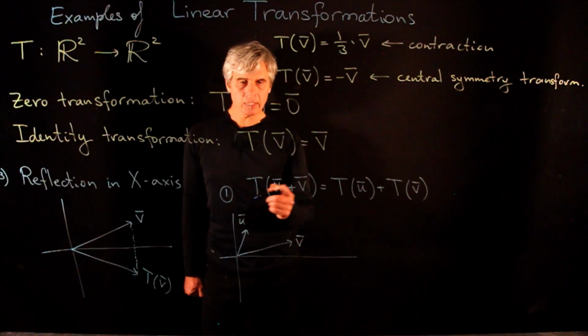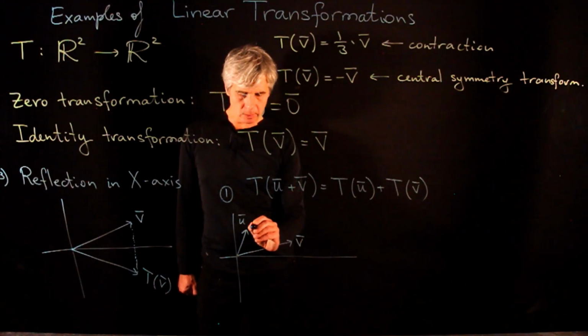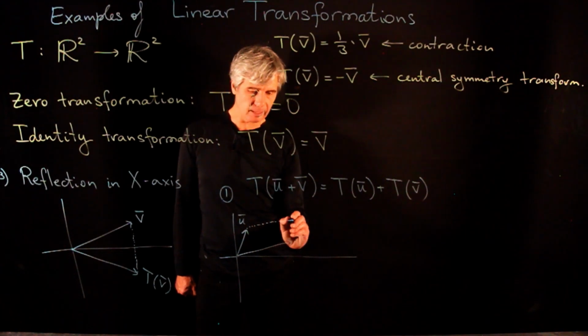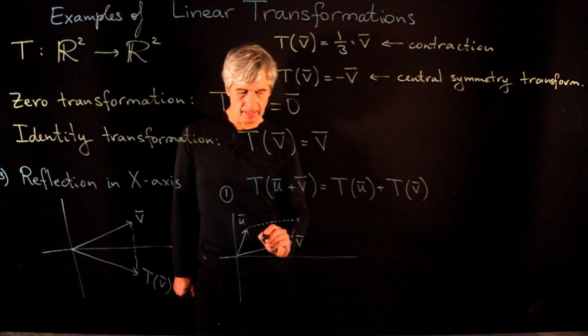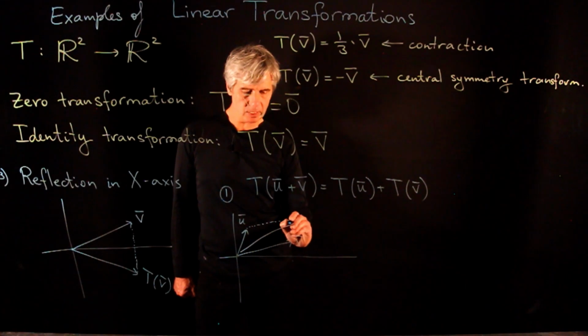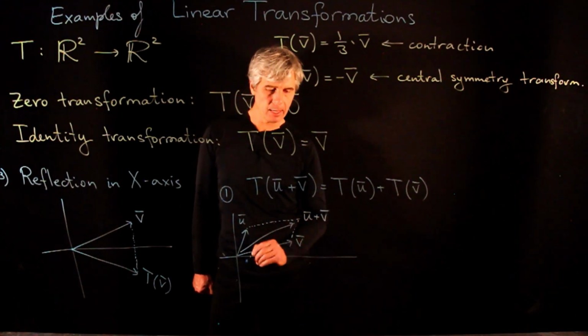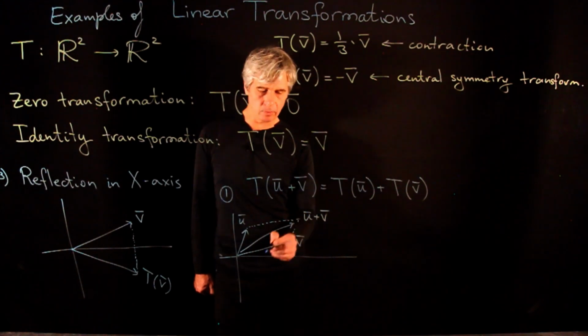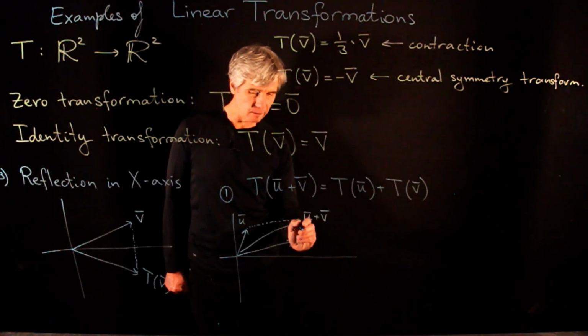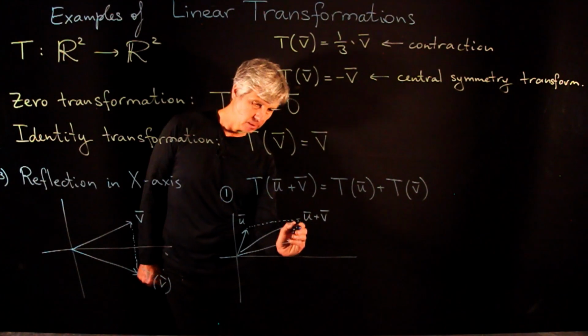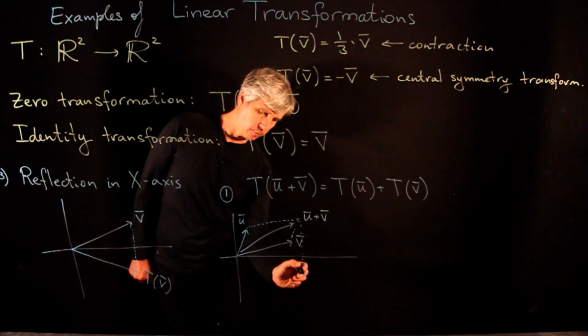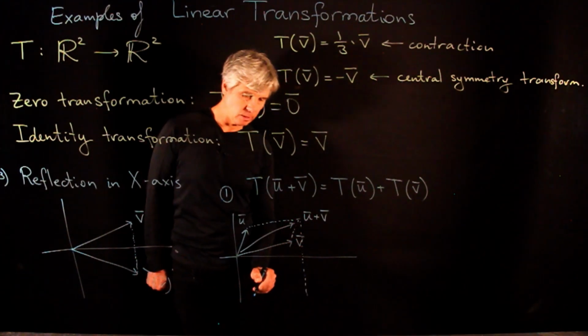On the left-hand side, we have their sum, so we need to take a parallelogram, and this vector here is u plus v. To compute the left-hand side, we need to take u plus v and reflect it.